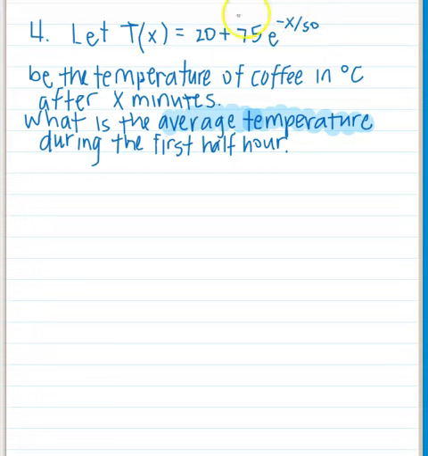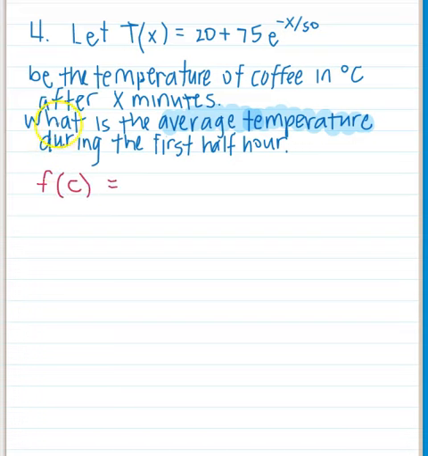Because all exponential functions are continuous, I can apply the mean value theorem of integrals to this function. So what does that say? We want to find some c value, that is your average value.